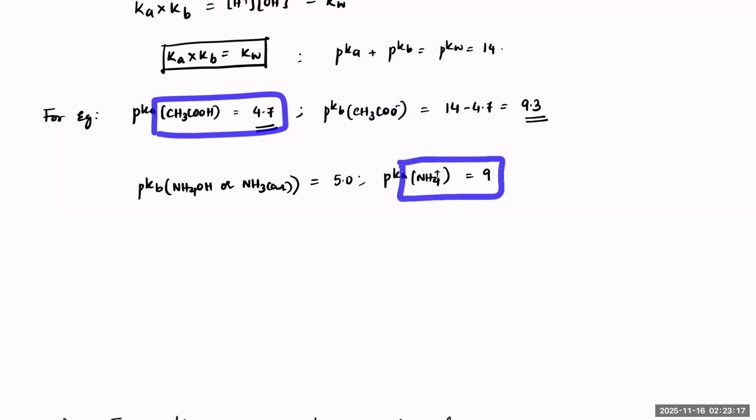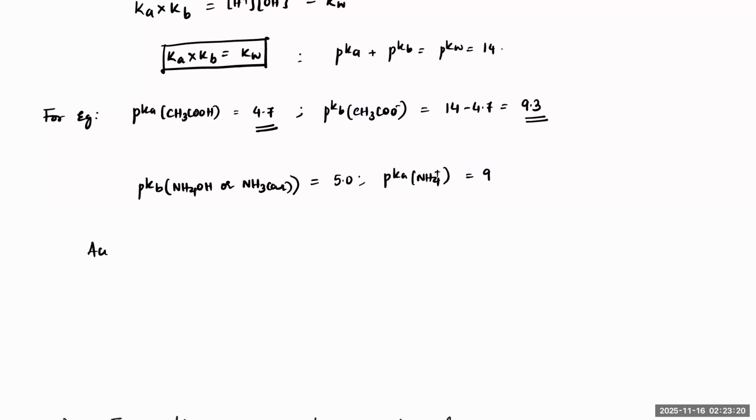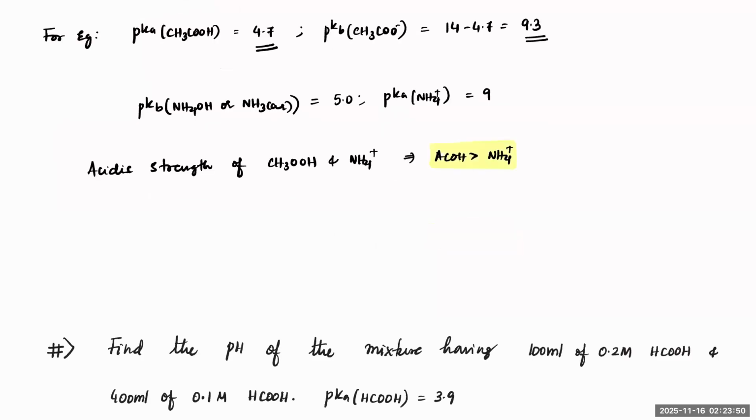If you compare the acidic strength of CH3COOH and NH4 plus, it implies that acetic acid, CH3COOH, is more acidic than the ammonium ion. I guess all of you understood this point.